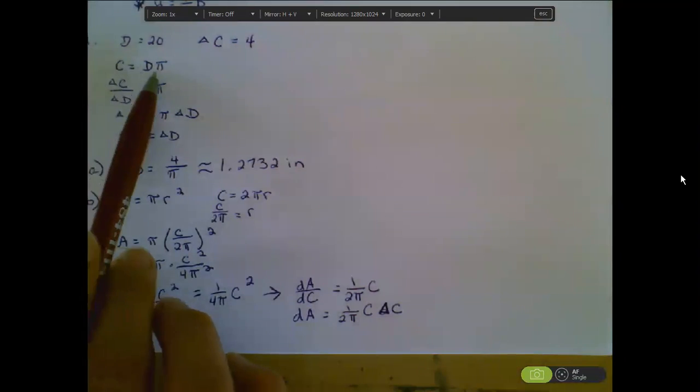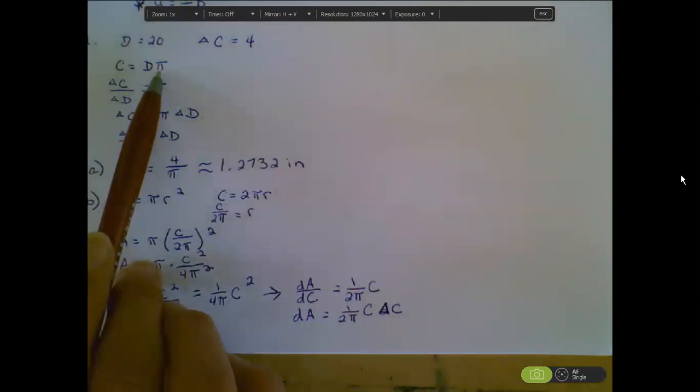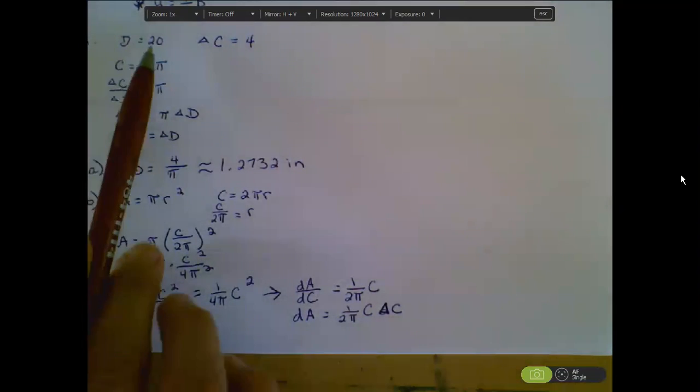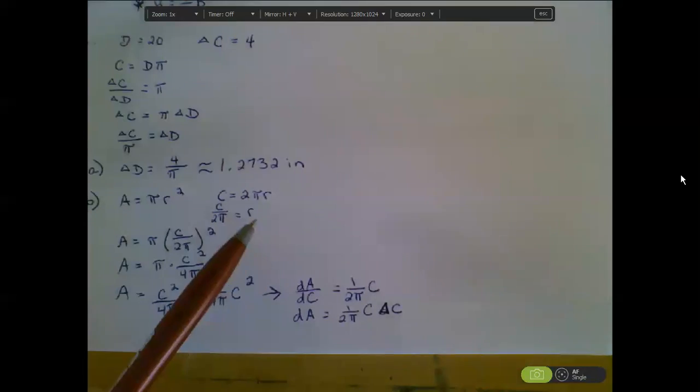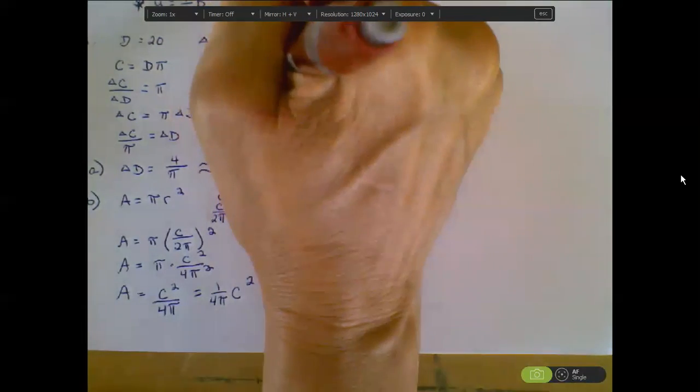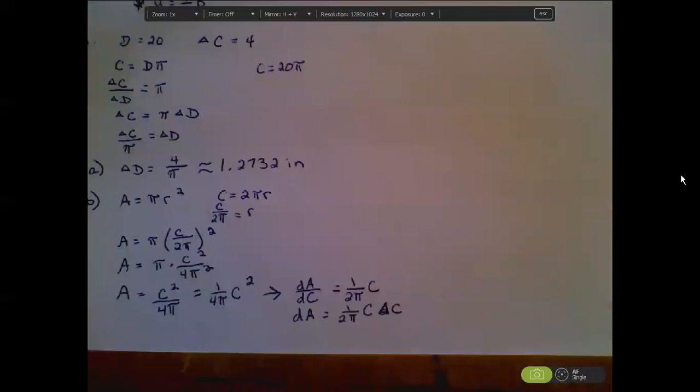If I know diameter, how can I find circumference? Diameter times pi. Yeah, the circumference is the diameter times pi.